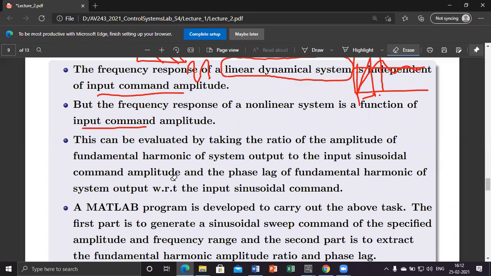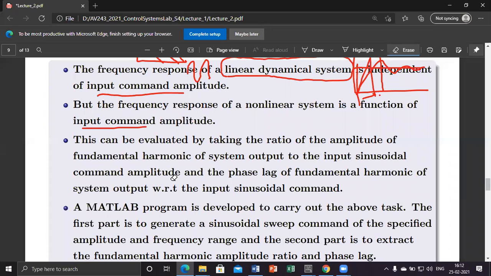So what is the frequency response? We are comparing the output with respect to input for a specific frequency. A specific sinusoidal command means it has a specific frequency. But for a nonlinear system, if you give sin omega t as command, the output will contain not only sin omega t, of course cos omega t will be there, that is not a problem.